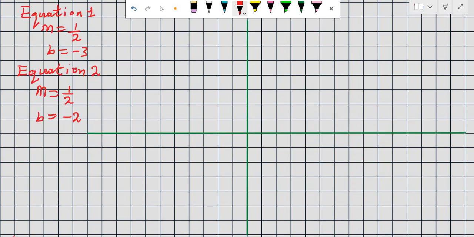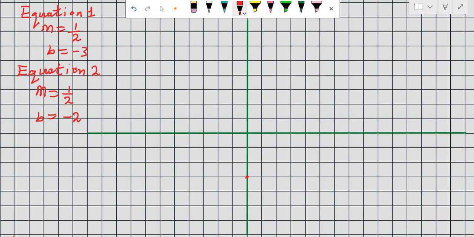All right, so we have equation 1. The slope is equal to 1/2, and the y-intercept is equal to negative 3. Along the y-axis, from the origin, count 3 steps down: 1, 2, 3. So this is the y-intercept, and the slope is 1/2.